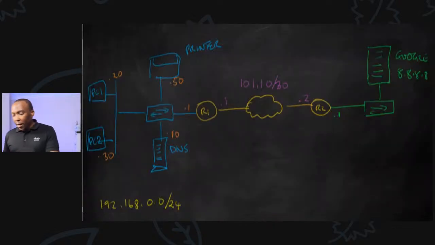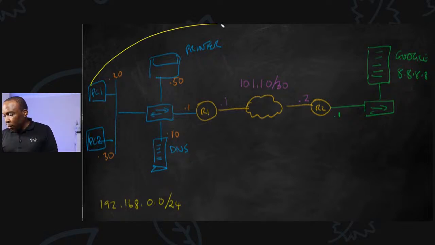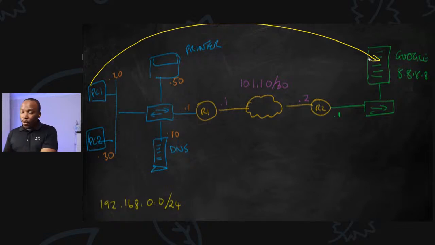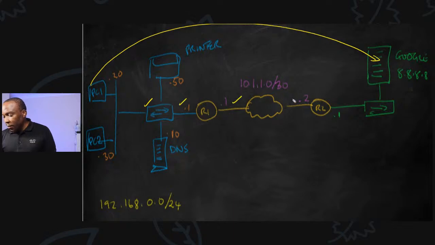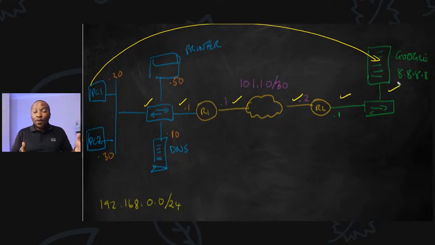So what I'm doing right now is trying to ping from this PC all the way to the Google server. If I can ping that, it means this is fine, this is fine, this is fine, this is fine, this is fine, and that is fine. And that's how you can use shooting from the hip as a methodology to be able to troubleshoot your issues.